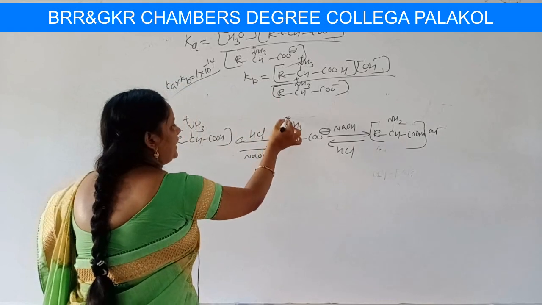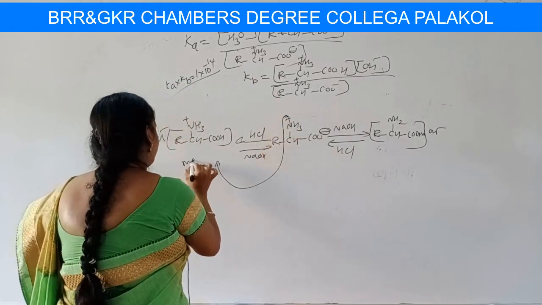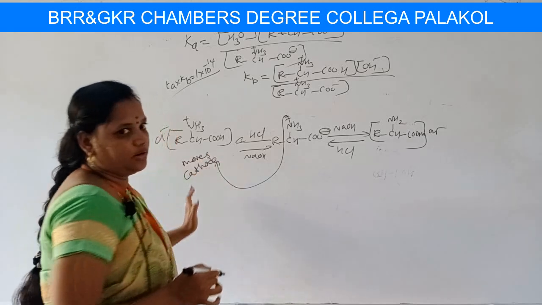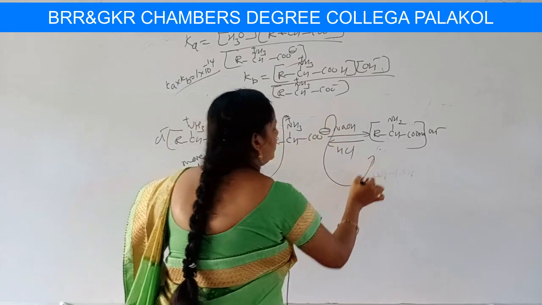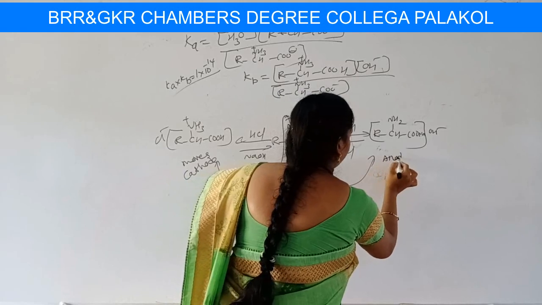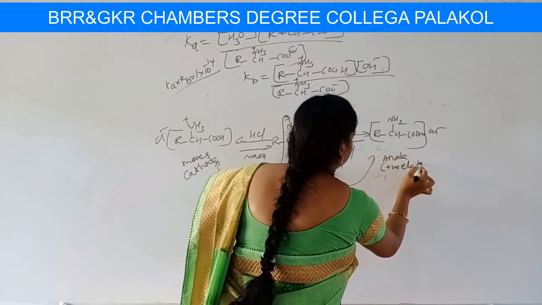Okay students, what happens here? Here the positive ion moves towards the cathode, which is a negative electrode in this case. Here the negative ion moves towards the anode, which is a positive electrode in this case.